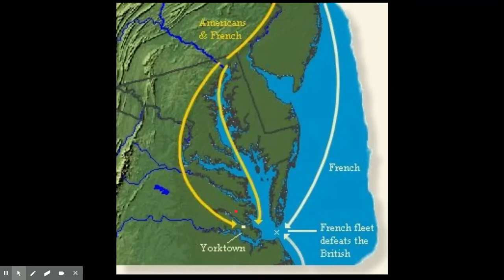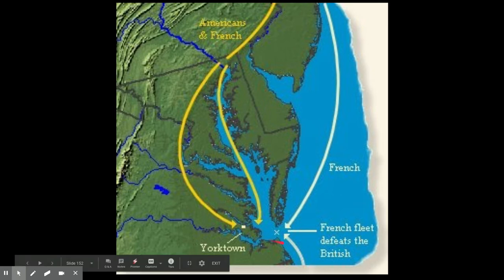And what's going to end up happening at Yorktown is General Cornwallis, Lord Cornwallis, is leading his men down here towards Yorktown, where they are supposed to meet British ships who are going to transport them back up north.